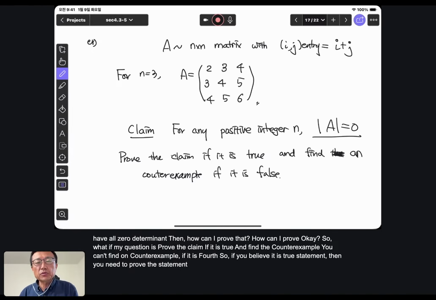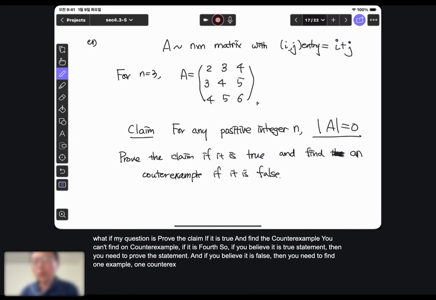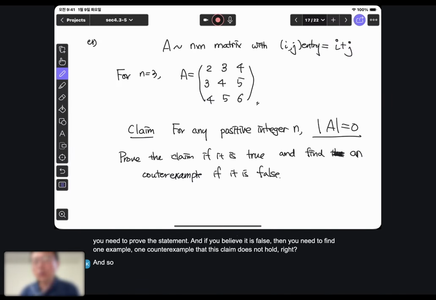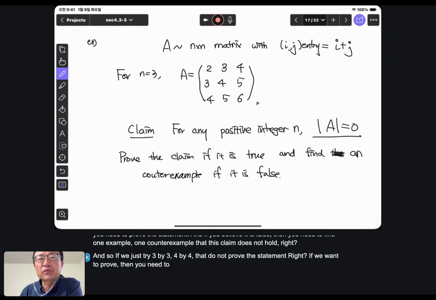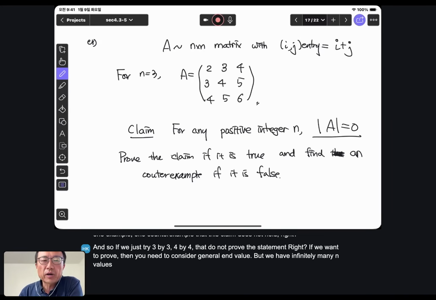And if you believe it is false, then you need to find one counterexample showing that this claim does not hold, right? And if you just try 3 by 3, 4 by 4, that does not prove the statement. If we want to prove it, then you need to consider general n. But we have infinitely many n values, so you cannot just try a few examples. Okay?